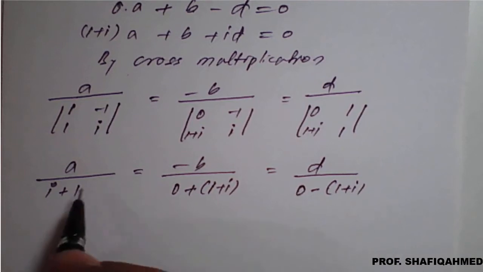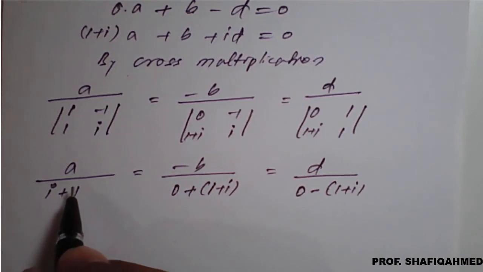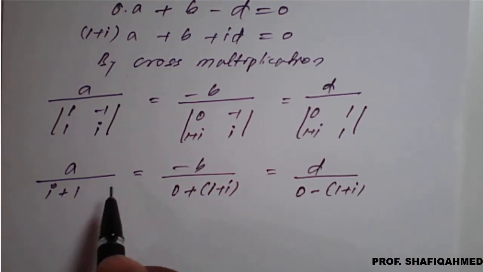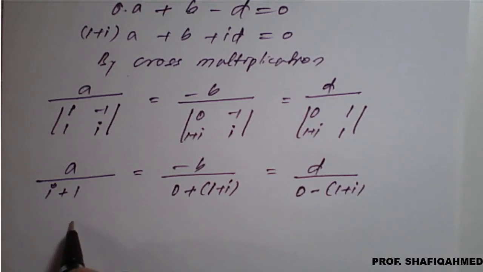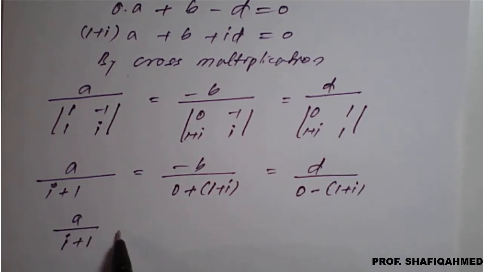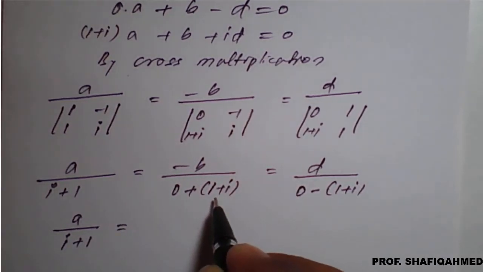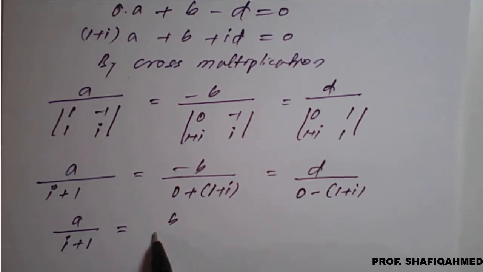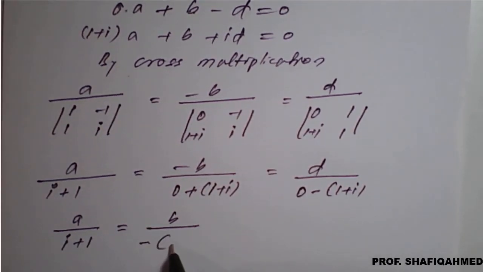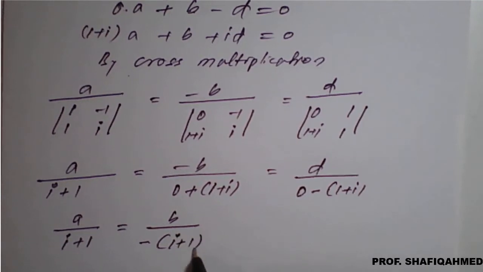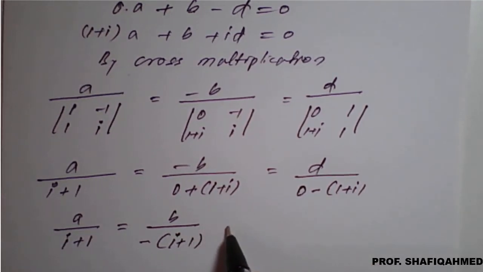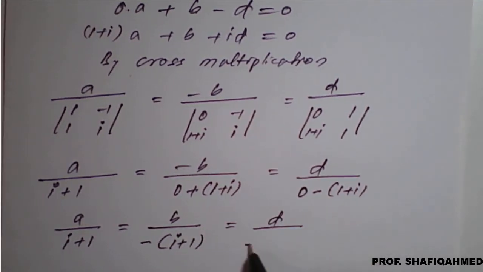So on simplification, I will rewrite all the things: a divided by i plus 1, which is equal to b divided by minus times i plus 1, which is equal to d divided by minus times i plus 1.